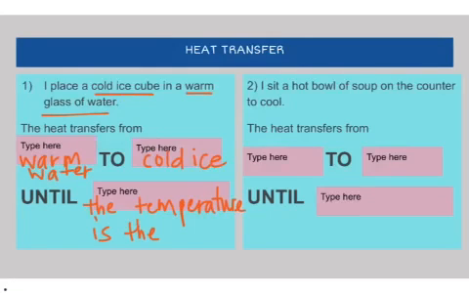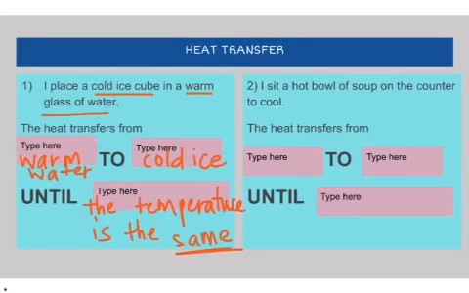So when the warm glass of water and the cold ice cube are the same temperature, there's no more heat transfer in between them. So it's going to continue to transfer from the warm water to that cold ice until both objects are the same temperature.